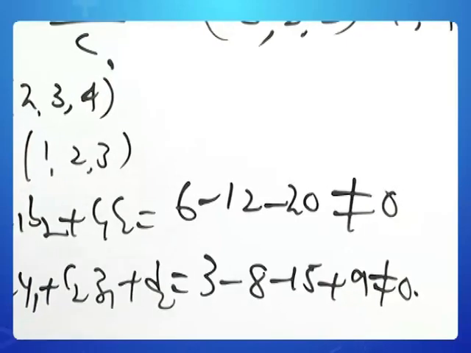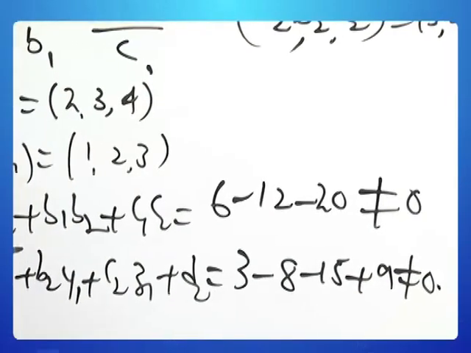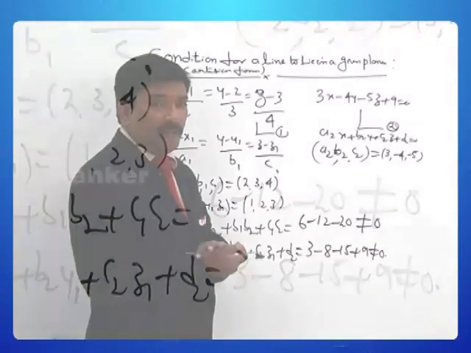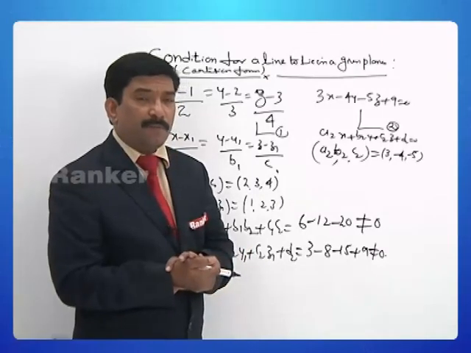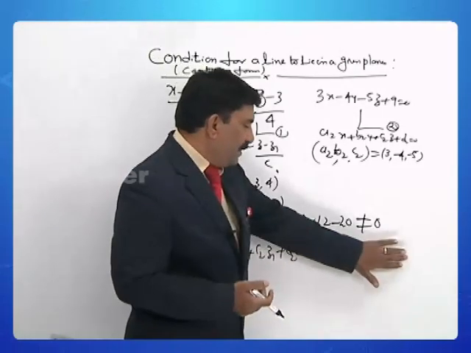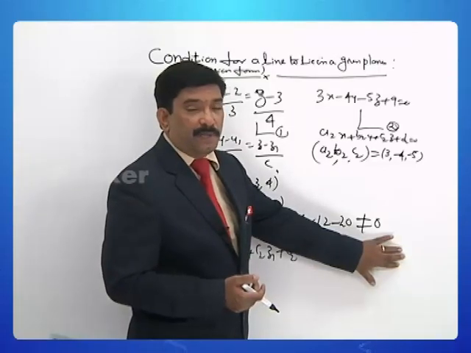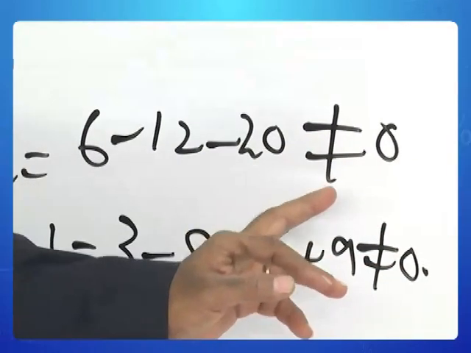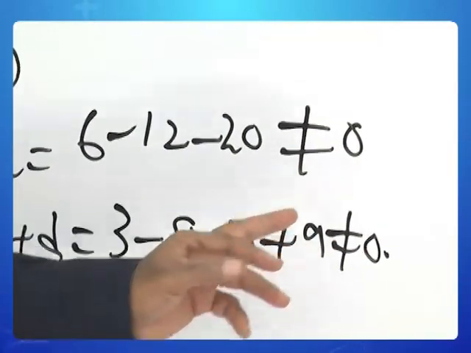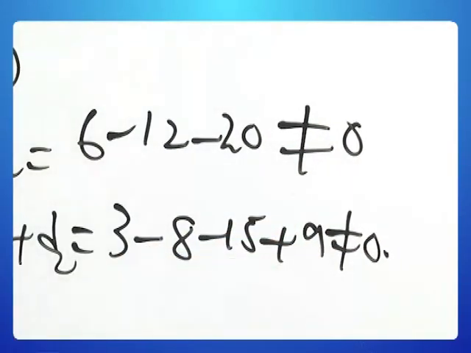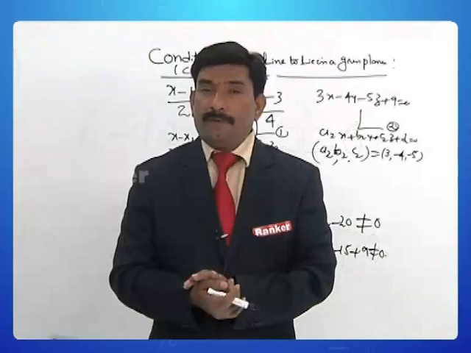Next, does the line 1 intersect the plane in a unique point? Yes. For a unique point, we won't verify a2x1 plus b2y1 plus c2z1 plus d2; we verify only for this. Yes, it meets in a unique point. Is the line parallel to the plane?